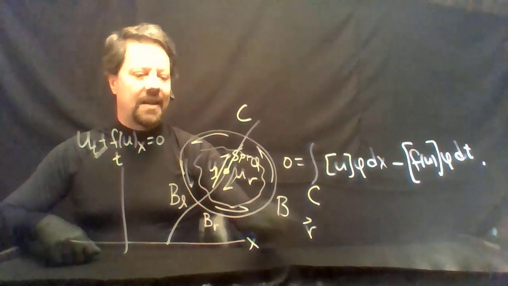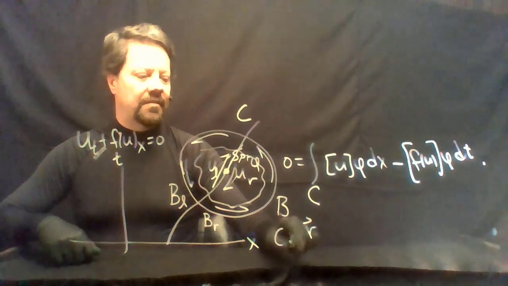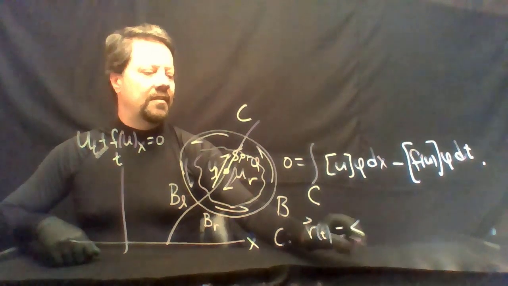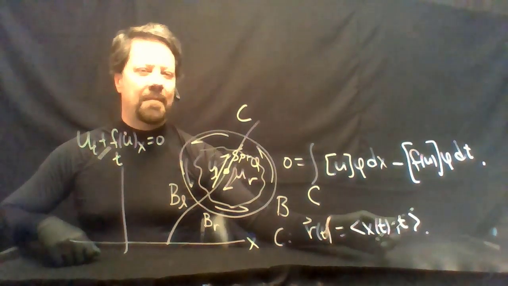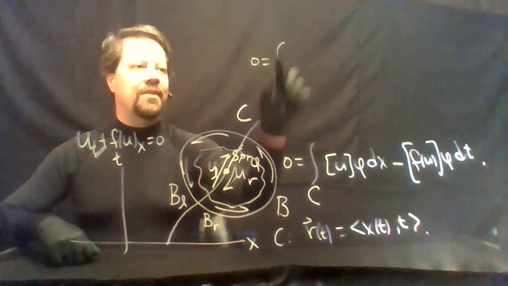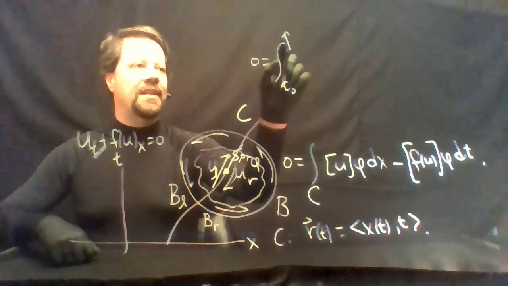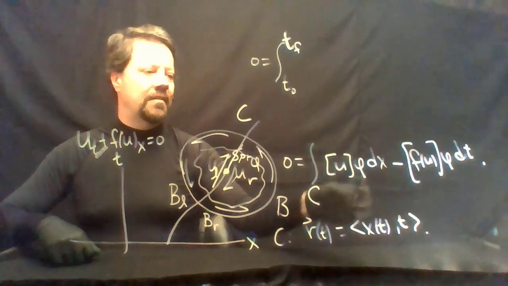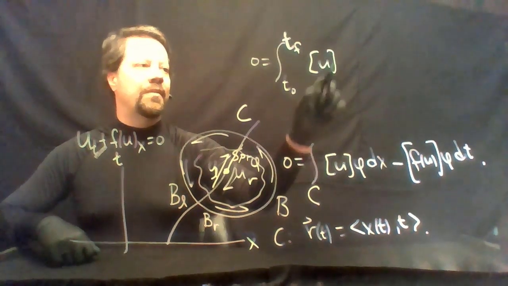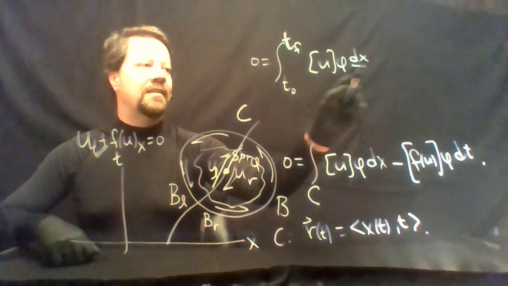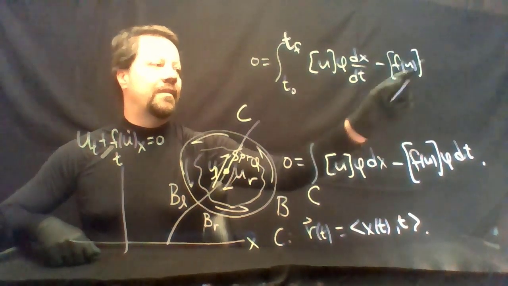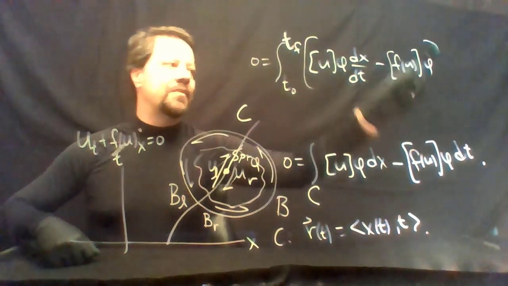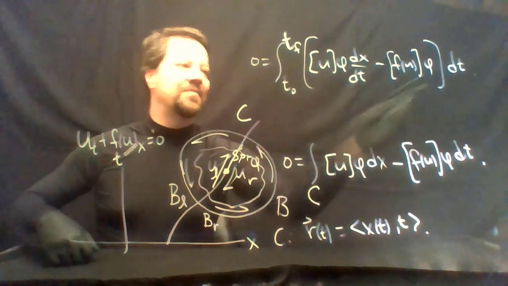If we parameterize the shock curve by x of t comma t, then we'll have 0 equals the integral from t naught to t final of the jump in u phi dx dt minus the jump in f of u phi all times dt.